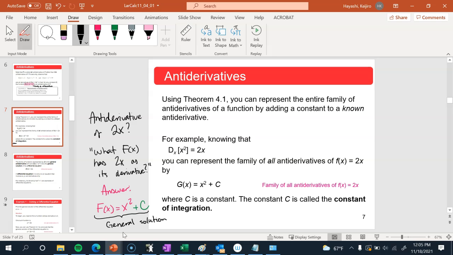And it's there so that you can capture the fact that there are many possible antiderivatives, infinitely many possible antiderivatives. And it's just there because when you take a derivative, the derivative of a constant is 0.